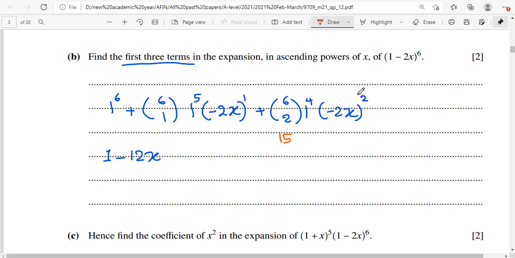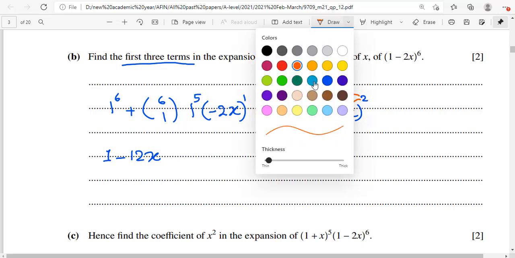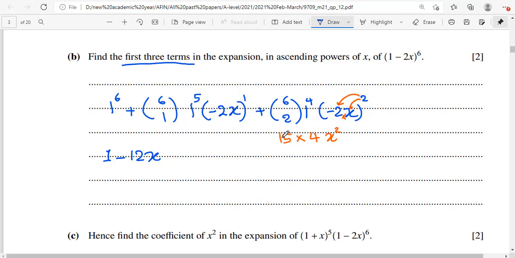This power 2 will go to both because we have 2 terms. They are connected with multiplication. Then the power will go to both. Negative 2 squared is 4. So we have 15 times 4 and x squared. That's going to be 60x squared. 15 times 4, 60. It's positive. That's why I write plus.